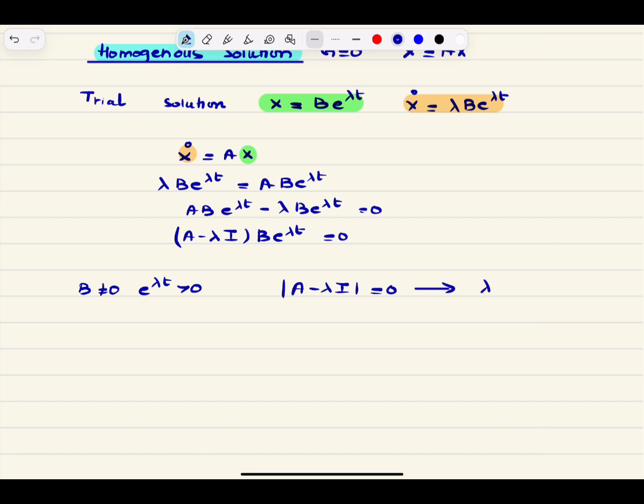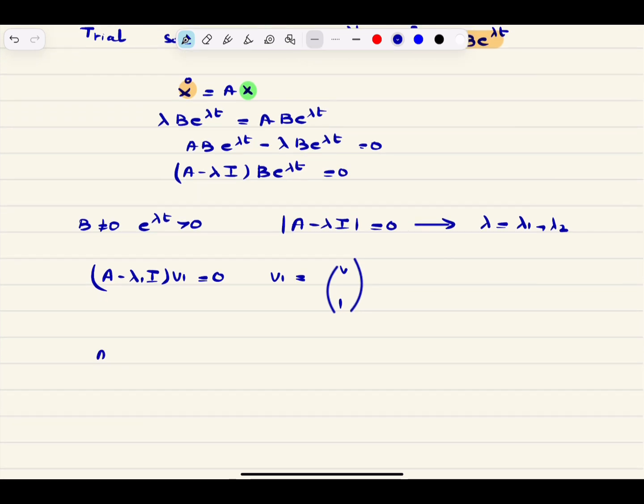This is going to give us lambda 1 and lambda 2, which are two eigenvalues. We'll say that the eigenvector corresponding to lambda 1 is v1, where v1 is equal to 1, v. And the eigenvector corresponding to the eigenvalue lambda 2 is, you can say, 1 and u.